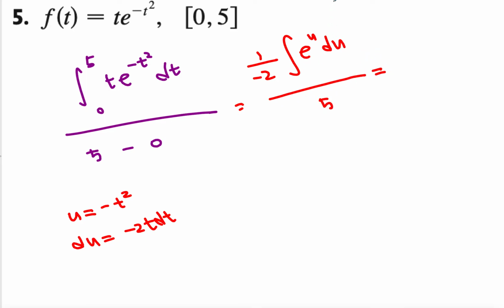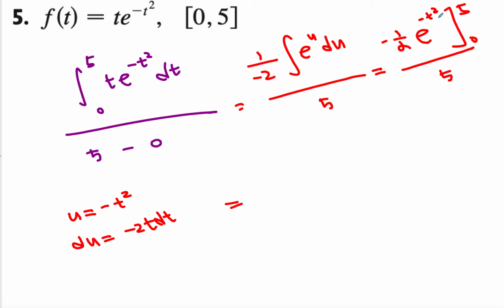Now this becomes negative 1/2. The integral of e to the u is e to the u anyway. So we end up getting e to the u, which is negative t squared, going from 0 to 5, over 5. Let's look at it.